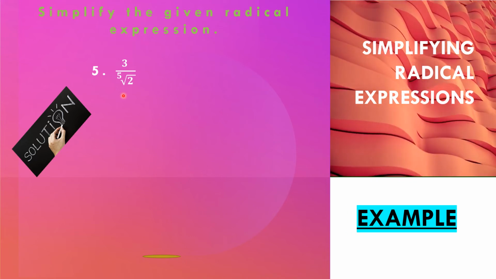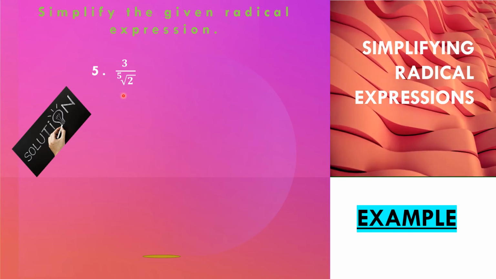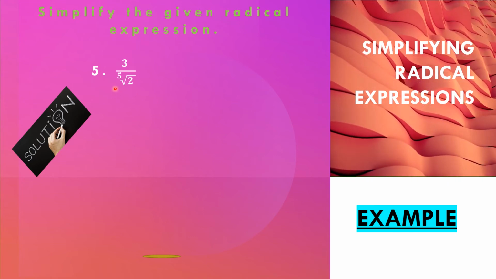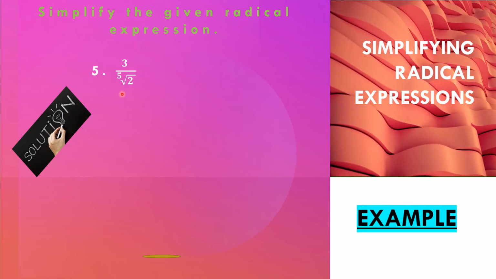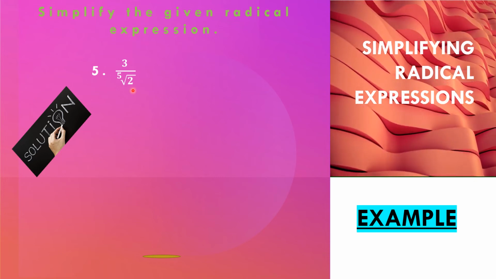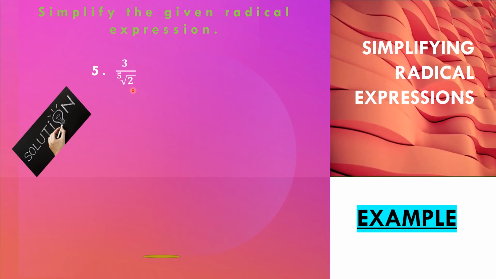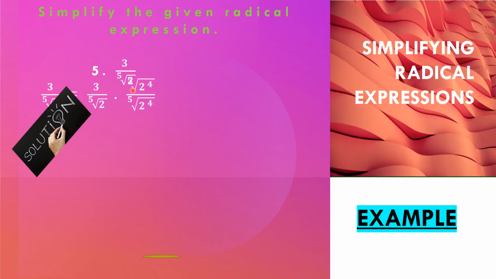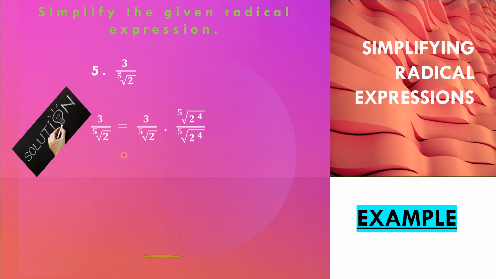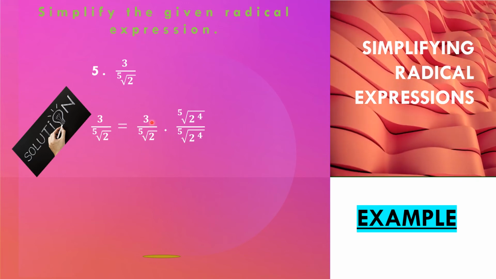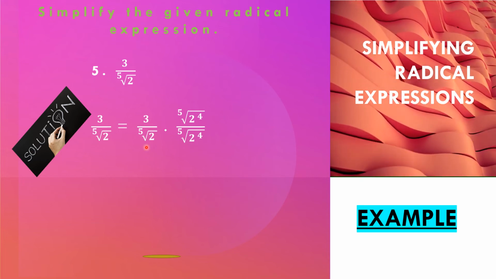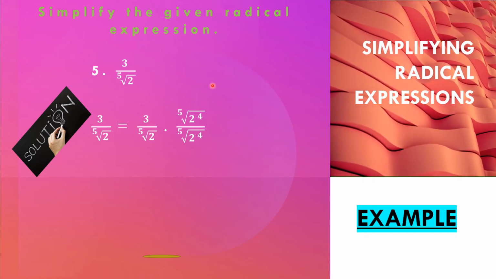So, paano po natin gagawin yon? When rationalizing the denominator of the radical, since ang ating radical is 5th root, kailangan, para matanggal yan, yung power ni 2, kailangan maging 5 din siya. Okay, so mapapansin niyo sa ating solution, we just copy the given radical expression, 3 over 5th root of 2, and then minultiply natin siya dito.